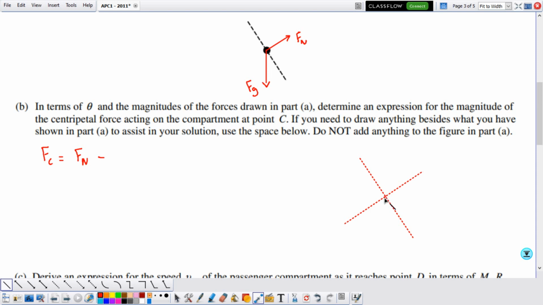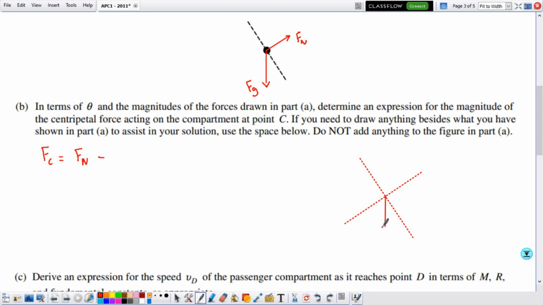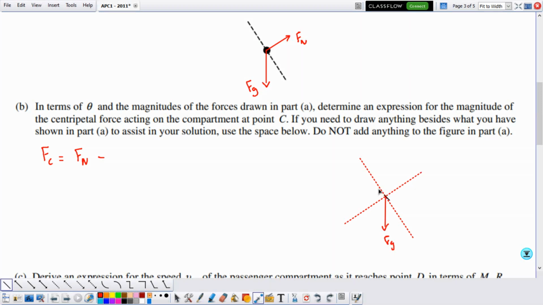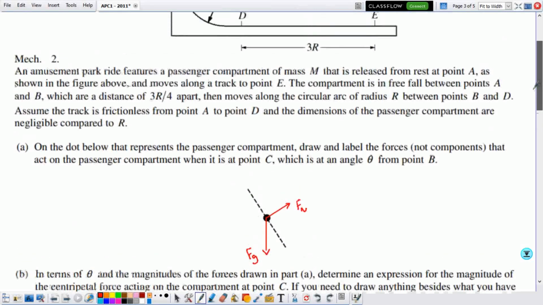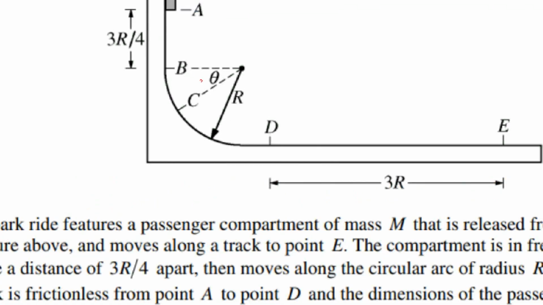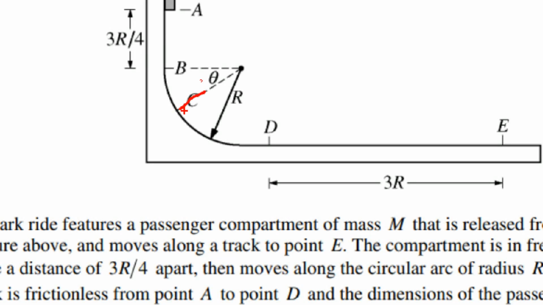Now that's the pull of gravity, which is downward. And that's the normal push toward the center. And here, if you notice carefully, the normal push is along the center direction.